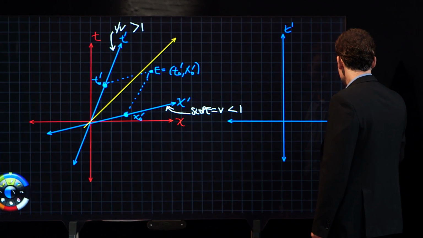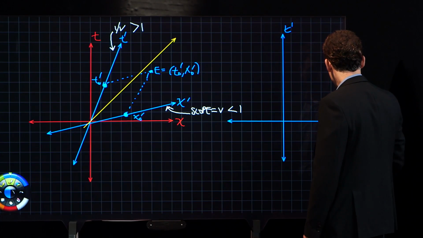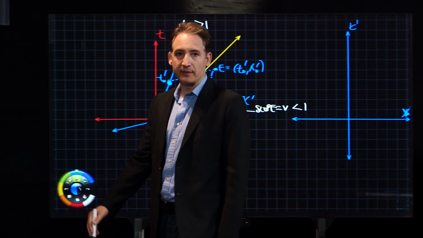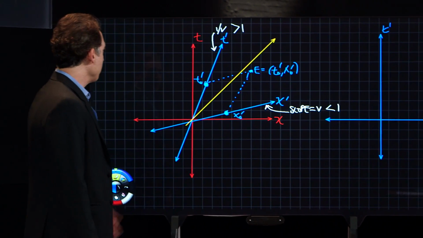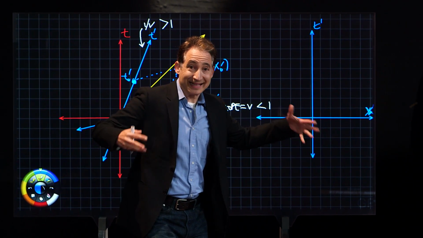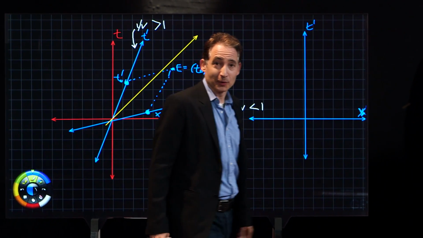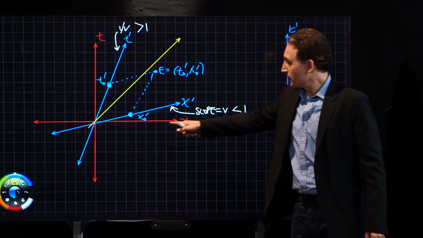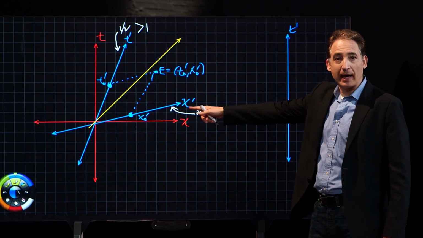So there is space and time from the perspective of the moving frame. And then from this perspective, which is now going to be considered stationary in the way that we're looking at things, the red system is heading off to the left.